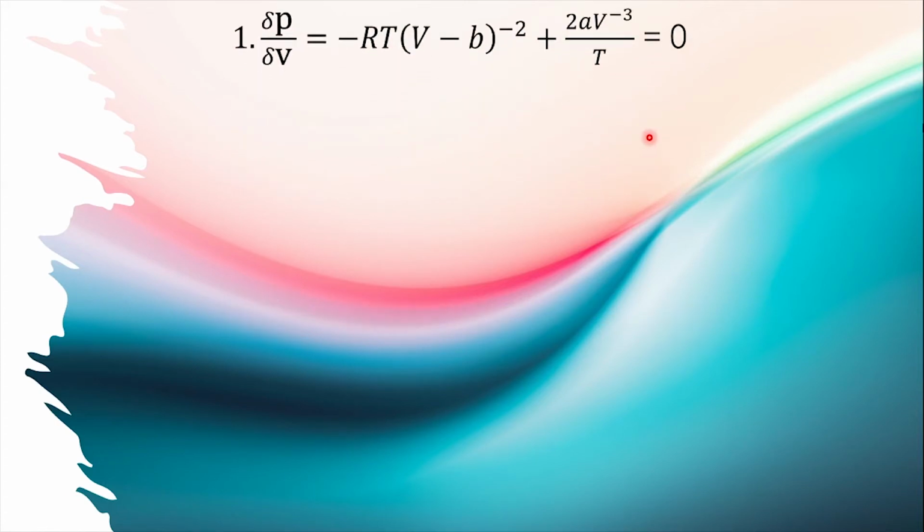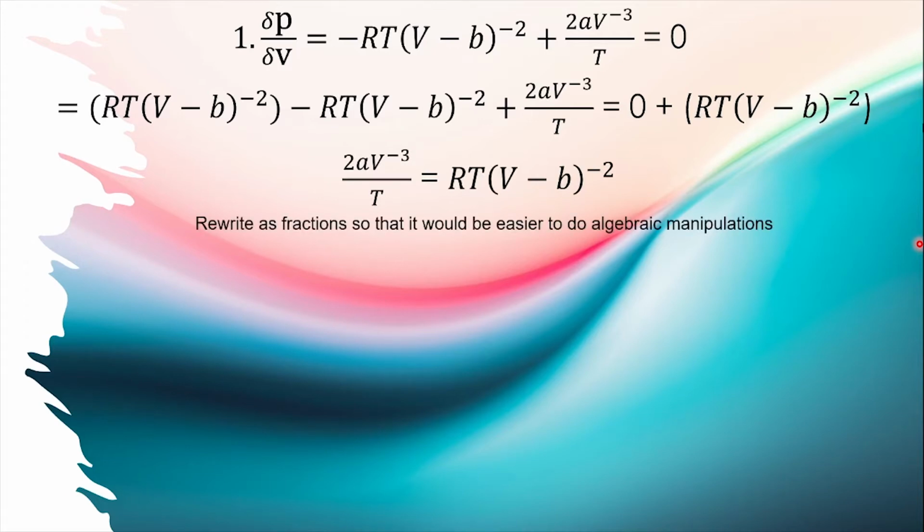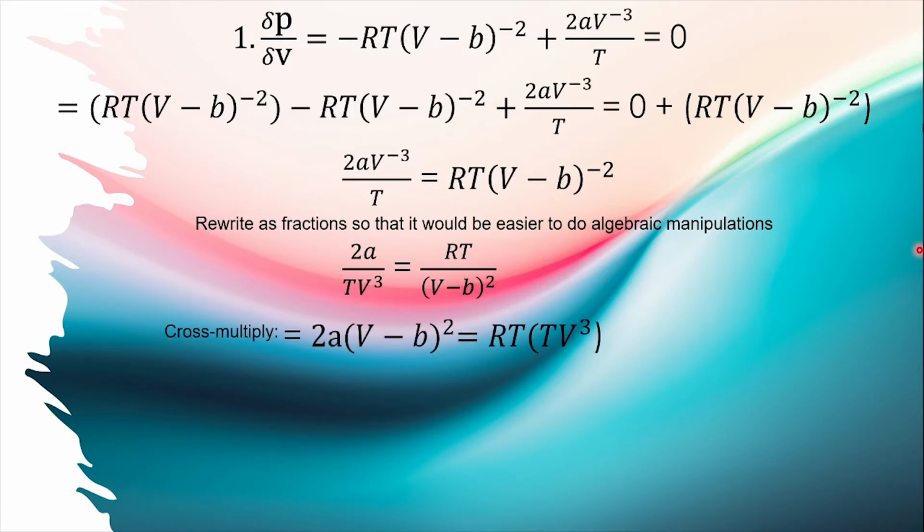For the first derivative, you must first add RT (v minus b) to the negative 2 to both sides, so we could have this expression. Then you could rewrite this as a fraction so that it would be easier to do algebraic manipulations. Then after you rewrite it as a fraction, you must cross-multiply it in order to isolate RT.